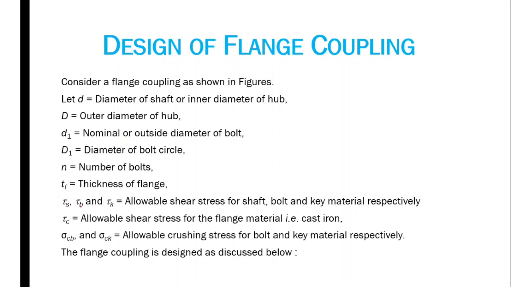And tau s, tau b, and tau k are the allowable shear stress for shaft, bolt, and key material respectively. Then tau c is the allowable shear stress for the flange material, and sigma cb and sigma ck are the allowable crushing stress for bolt and key material respectively.